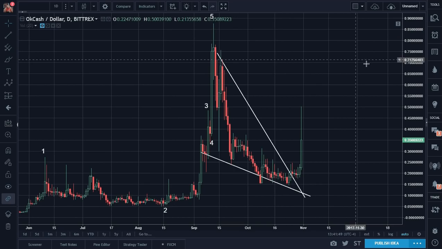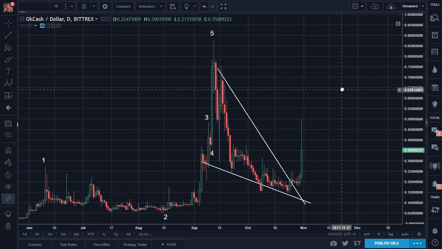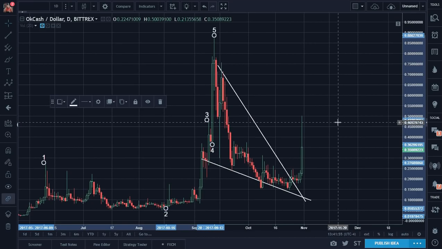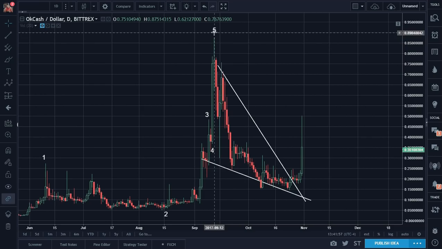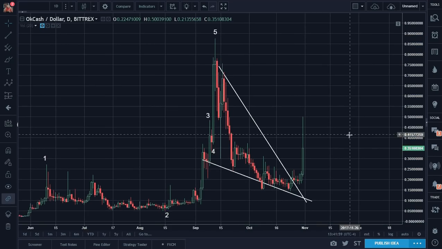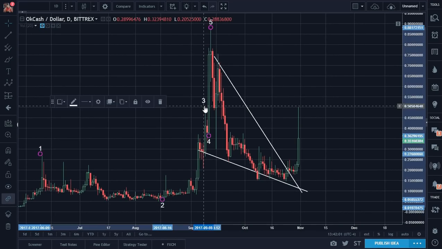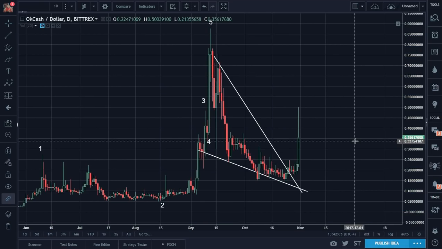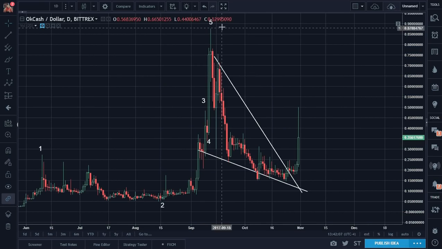Sometimes I've caught myself labeling the hourly chart with intermediate degree of trend labels. So I just have to check that to be consistent. This is my degree on a daily, okay. So we have 5 waves. What happens after 5 waves? An ABC correction.